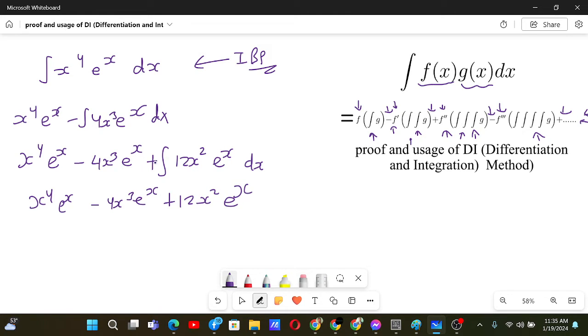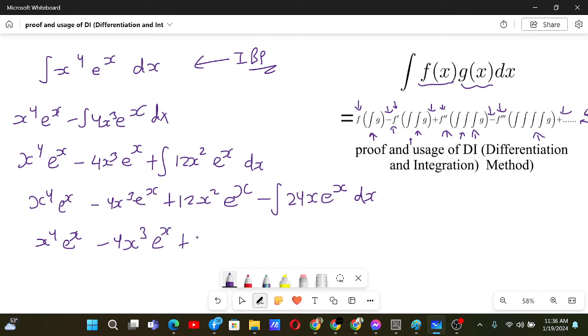Again, this plus was because minus and minus multiplied to give plus, but now plus and minus will give minus. The derivative will be 24x, and the integral will be e to the power x itself, dx. Now basically we have to do a lot of steps using integration by parts.